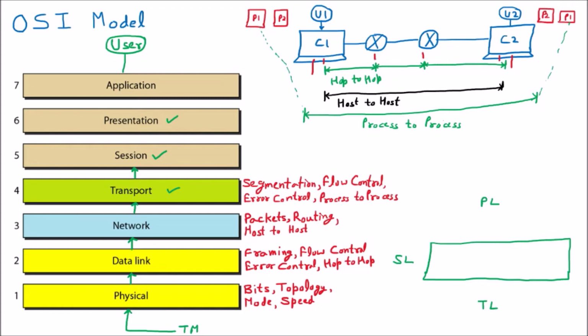But first of all, we must know what the functionality of the session layer is. Session layer functionality is checkpoint creation and synchronization. Whatever data packets are coming from the transport layer to the session layer, they are synced. Sync means they are joined together, so that is called synchronization. And checkpoint creation.